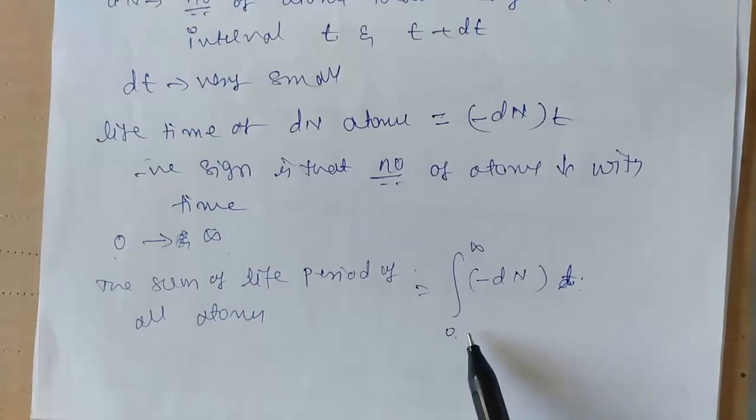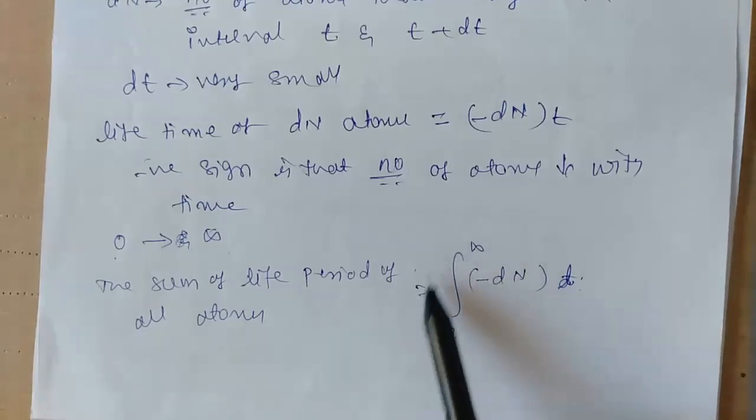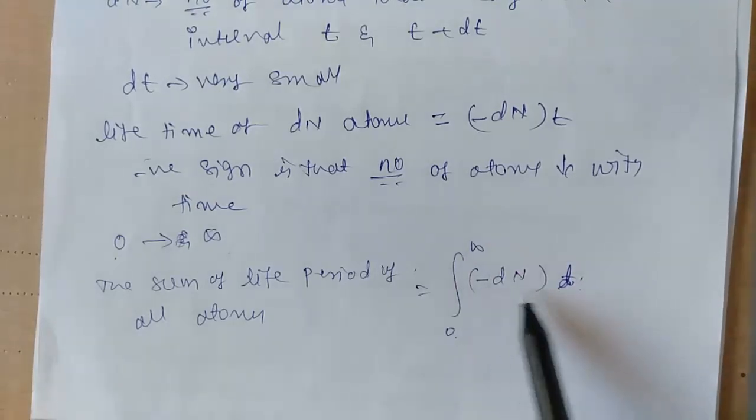Why? Because this is a continuous decay process, so we have to take the integration between 0 and infinity of minus dN into t.